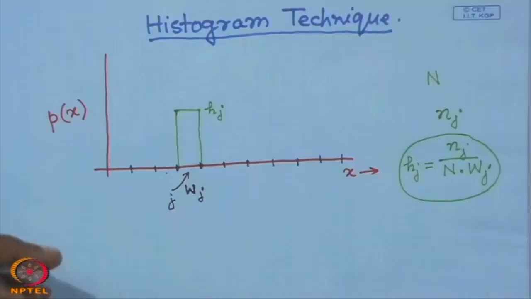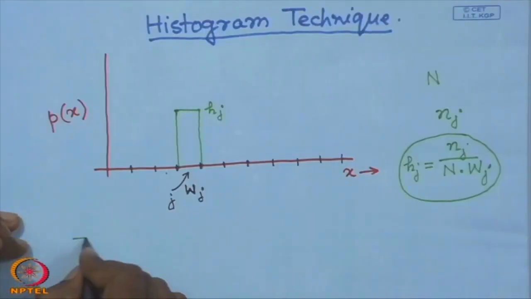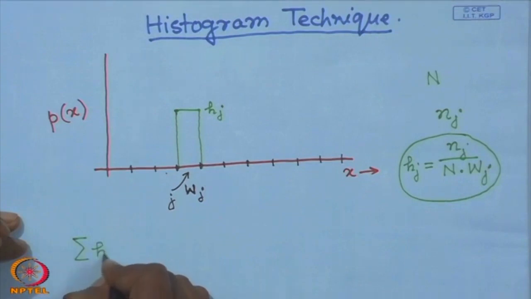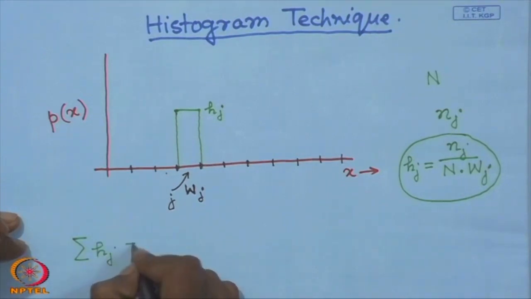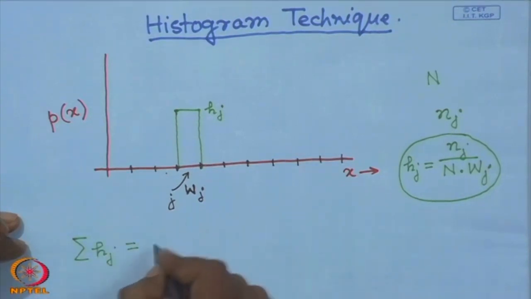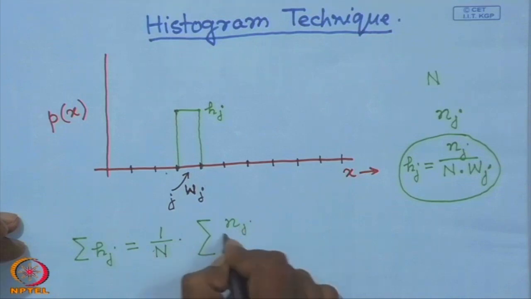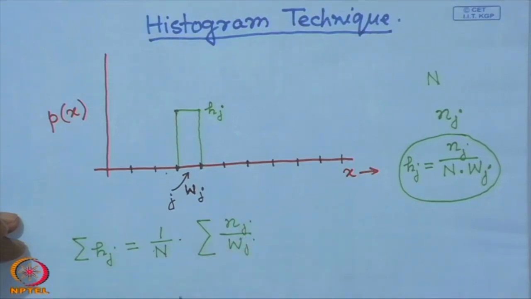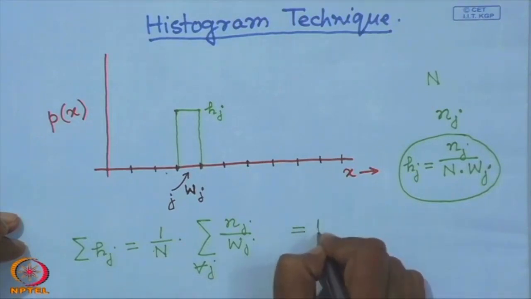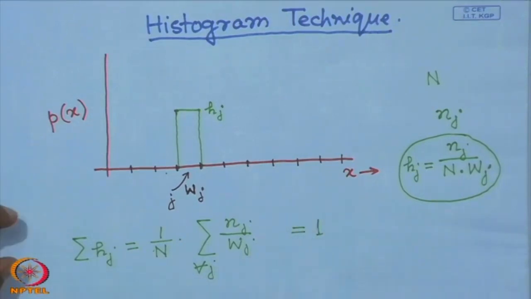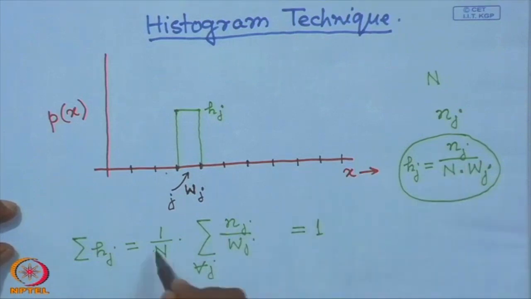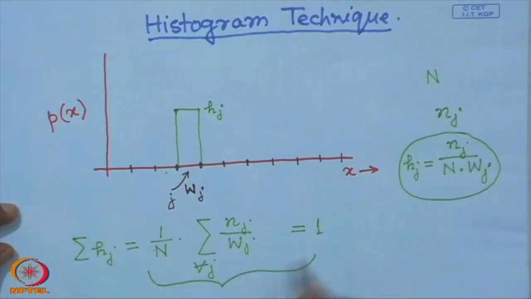Or in other words, I must have the sum of h_j, which is nothing but 1 upon N into the sum of n_j by w_j for all j, that must be equal to 1. And you find that if I compute this h_j in this form, this condition will always be satisfied.